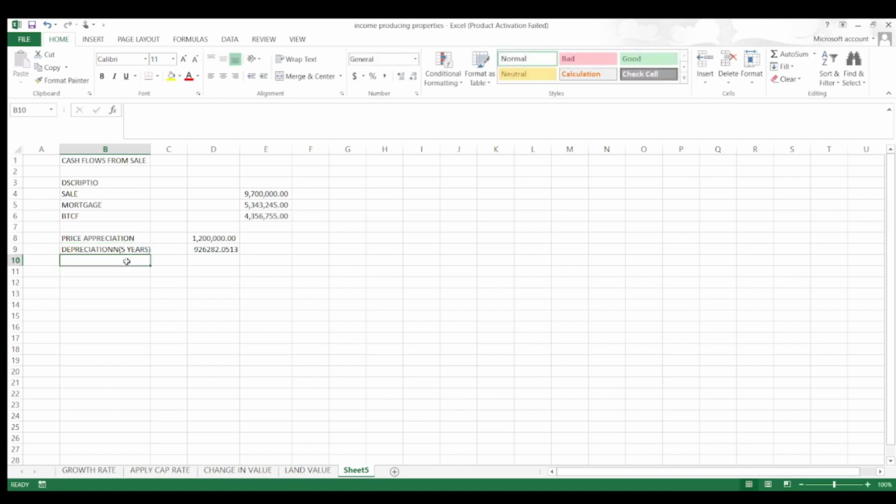Now, we need to get the taxes. So for us to get the taxes, we first need to note the tax on price appreciation, which is 15% multiplied by our price appreciation here, which is 180,000.